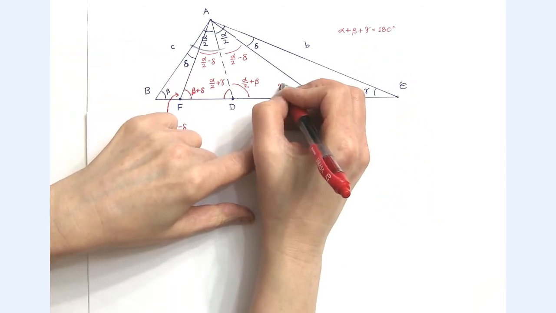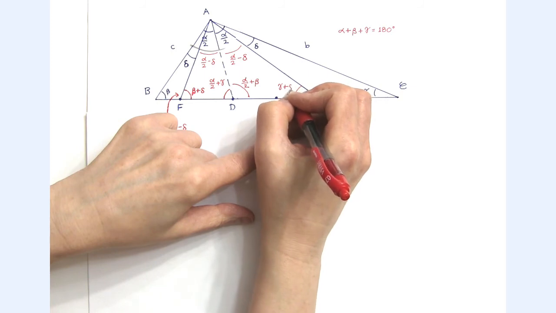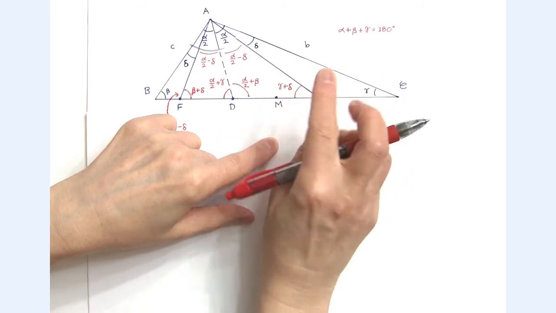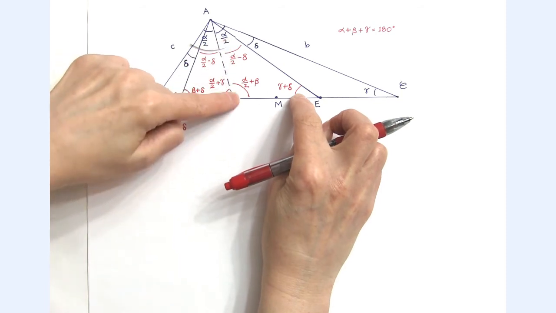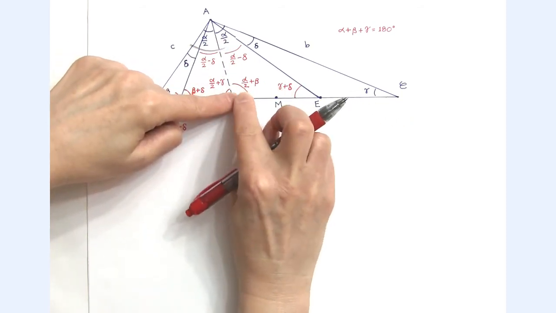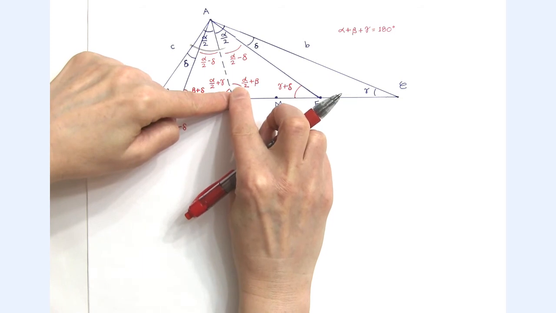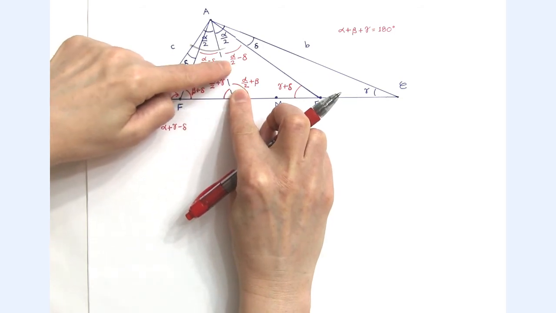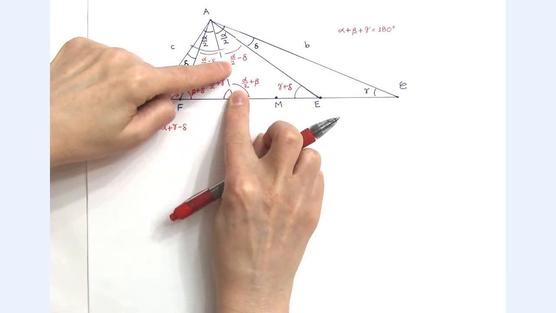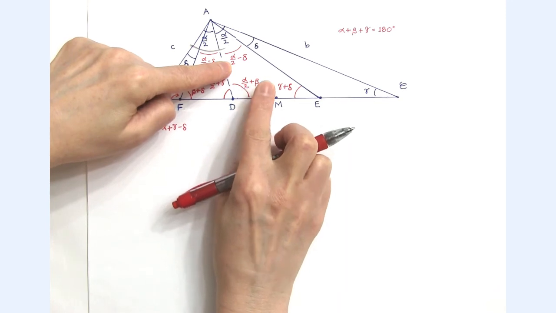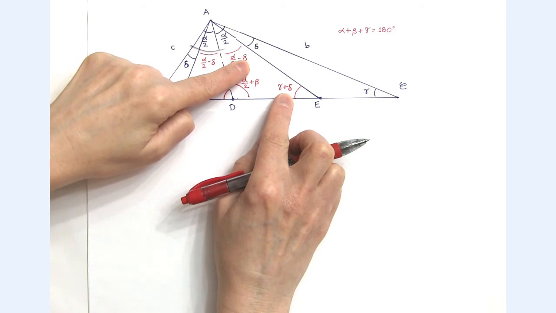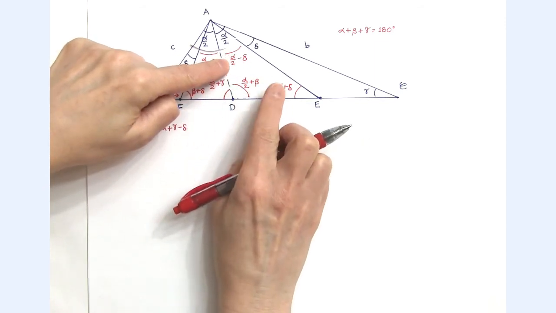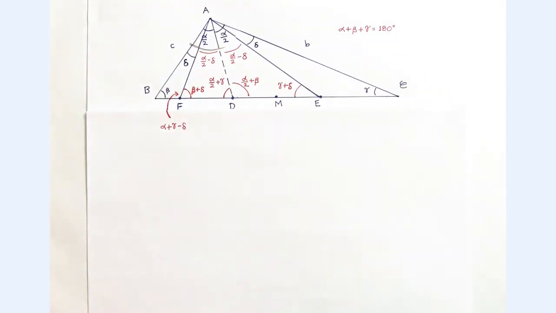So this is gamma plus delta, so that these three angles add up to 180 because we have alpha half plus alpha half, which is alpha, and then plus beta, and then plus gamma, and the delta minus delta cancels. So we have alpha plus beta plus gamma, which is 180.